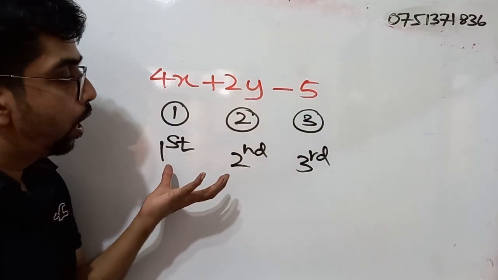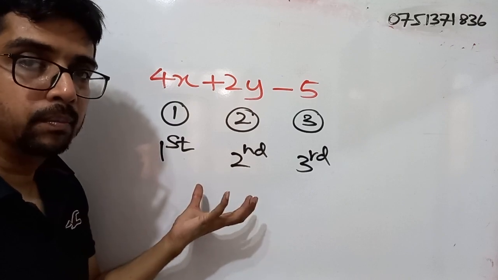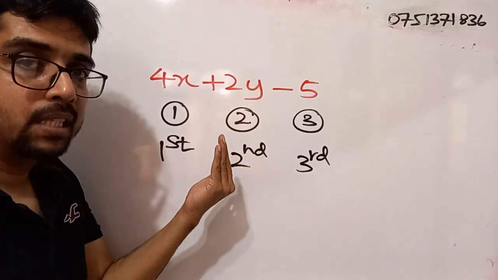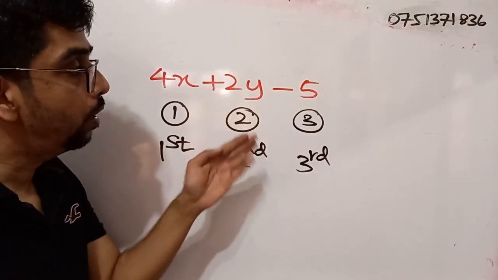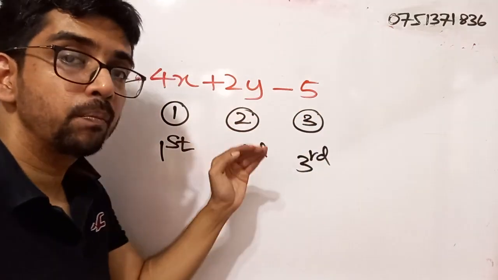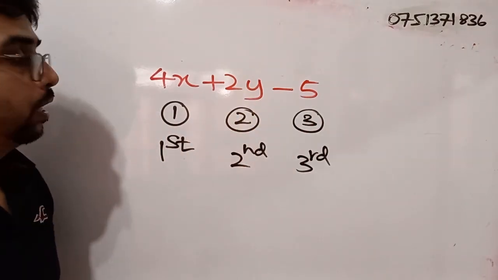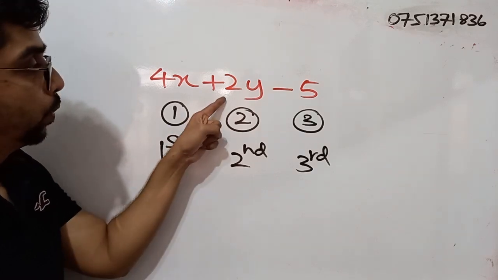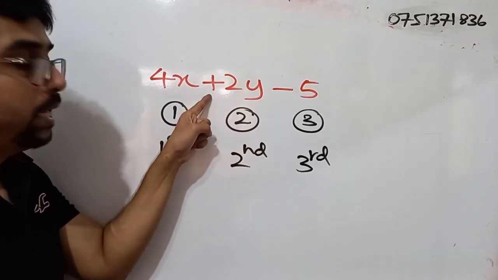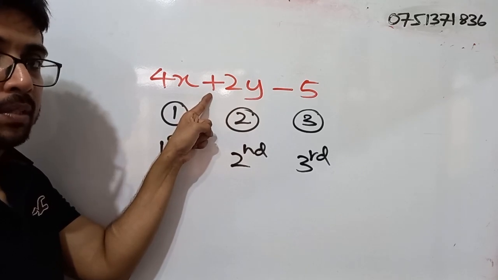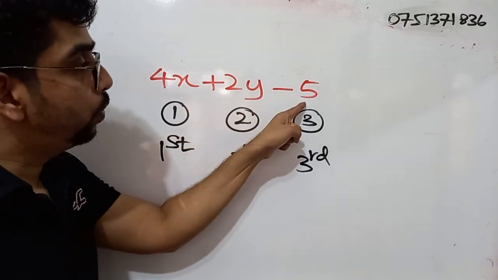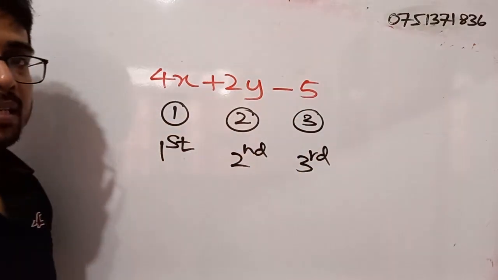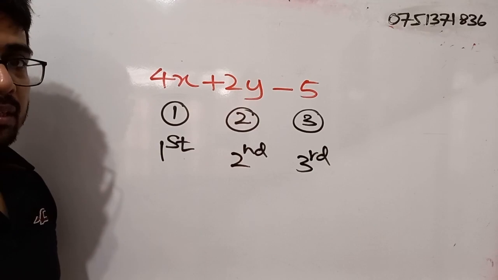How do we identify a term? A term is always added to the algebraic expression or subtracted from it. Take a look at 2y. This 2y has been added to this algebraic expression. This minus 5 is subtracted from this algebraic expression.